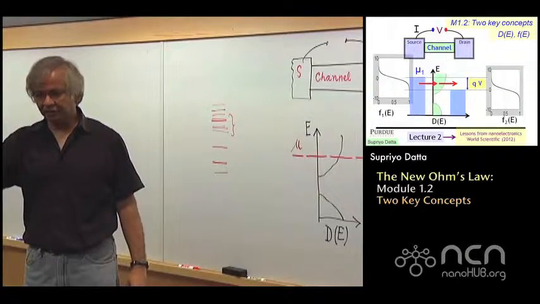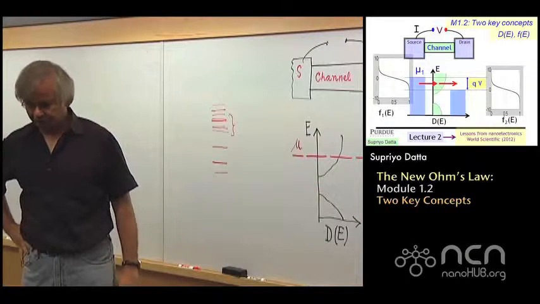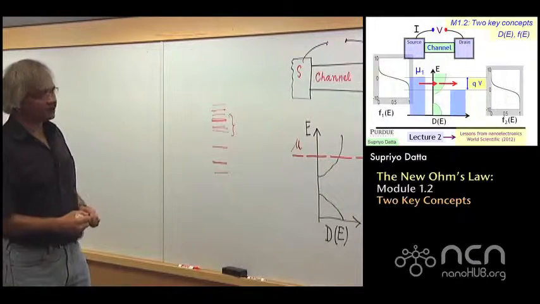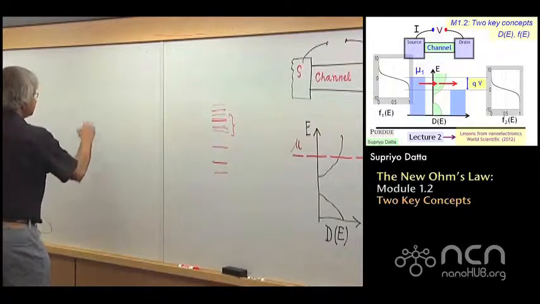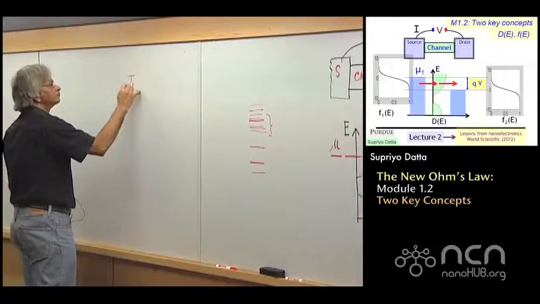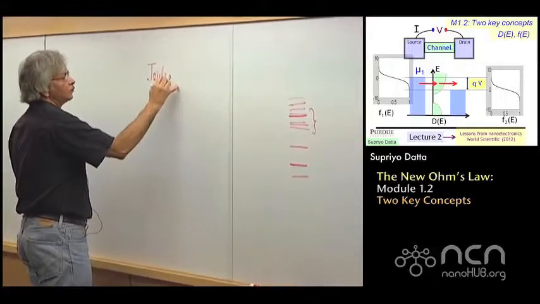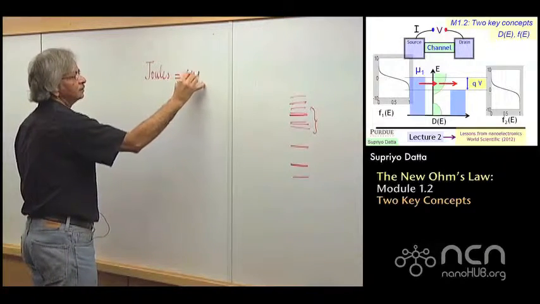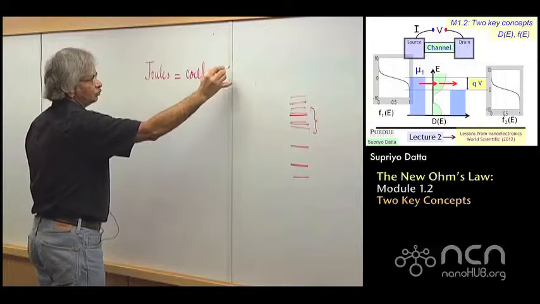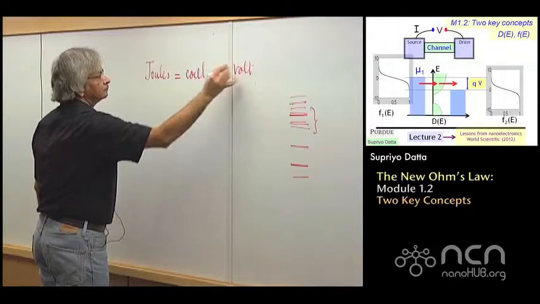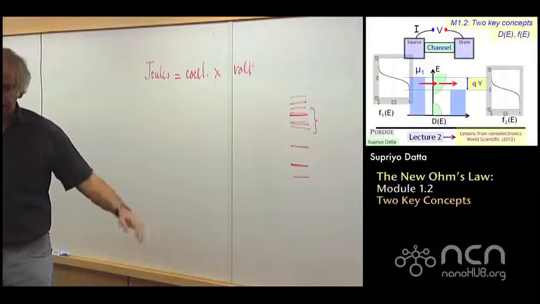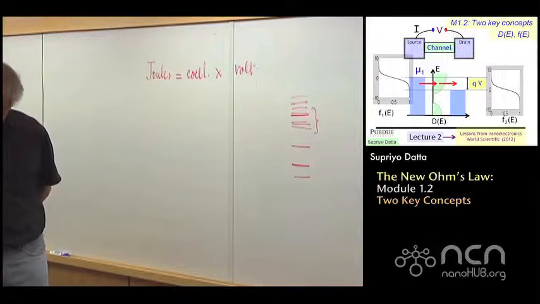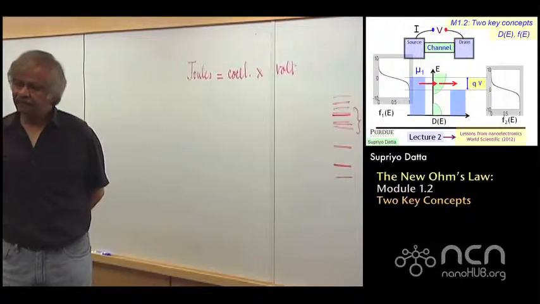And I should mention here, this unit of energy, as you know, the MKS unit of energy is given by joules, which is a coulomb times a volt. So that's the MKS unit of energy. And in general, for everything we discuss in this course, we'll be using MKS units.